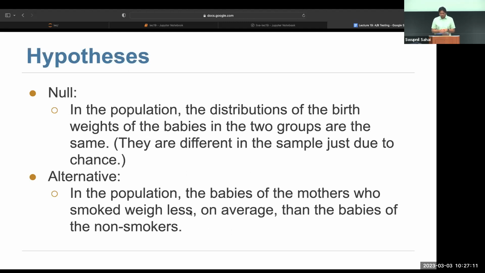And then look at specific values. So let's say we did the average weights of the smokers minus, or actually let's do the average weights of the non-smokers minus the average weights of the smokers. So is that going to imply that high values of that statistic are in favor of the alternative, or is it low values that are in favor of the alternative? Maybe discuss with the person next to you for like a minute.